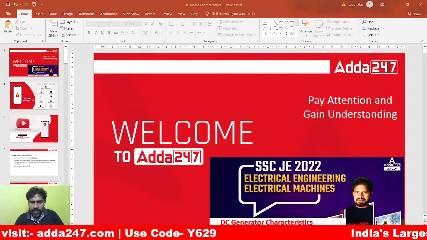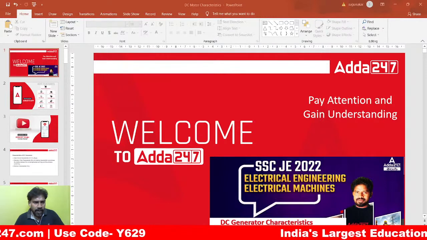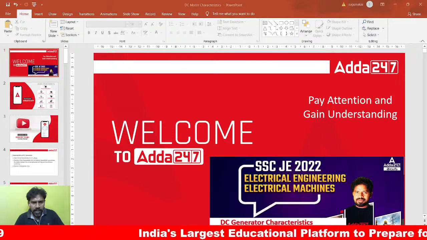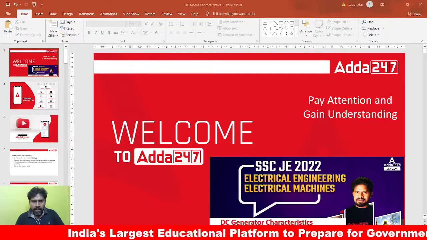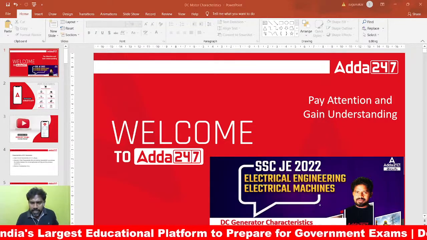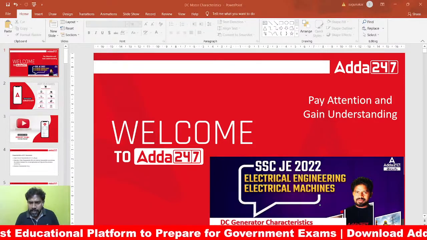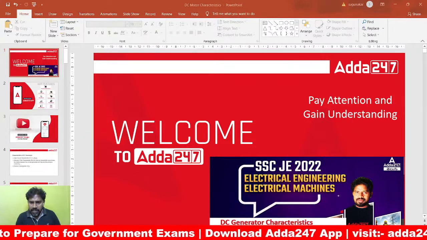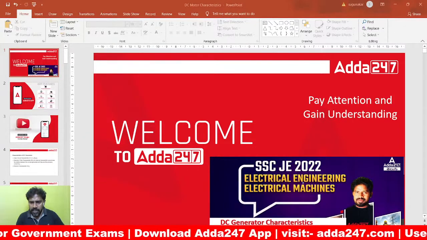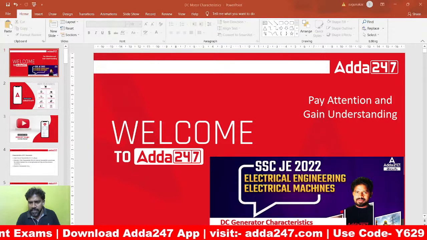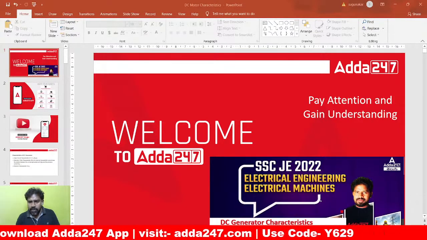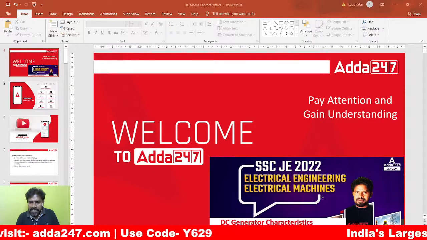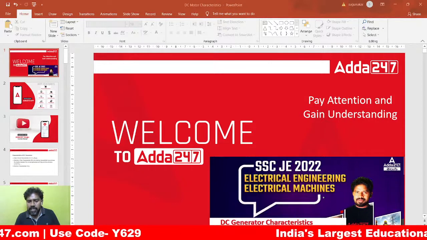So we need to identify which one is correct, A, B or C. The OCC curve is at the top, the middle one is the internal curve, and the bottom one, very much below the internal, is the external. We need to identify like that.